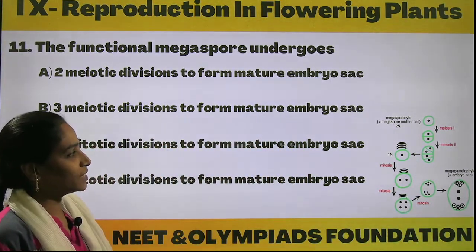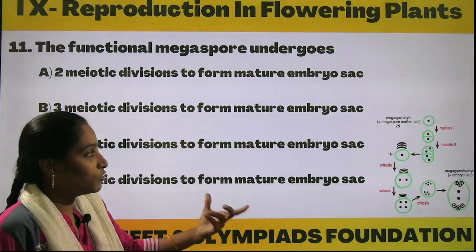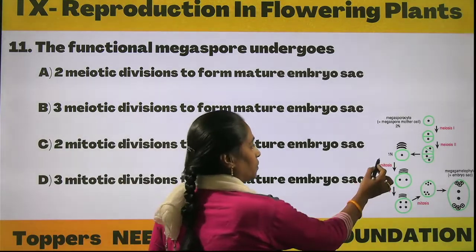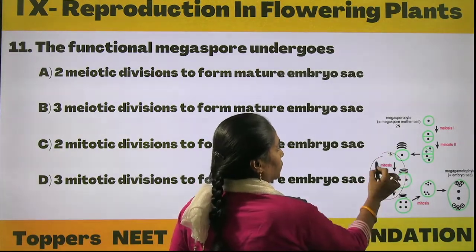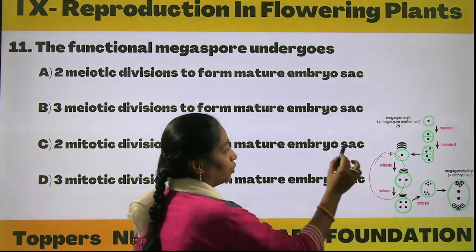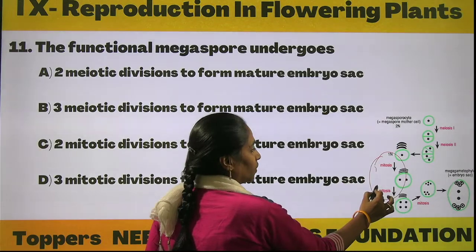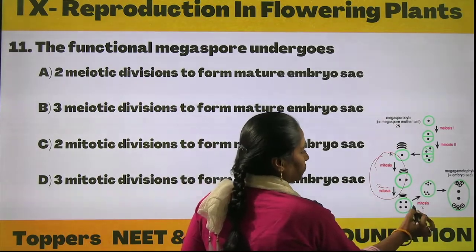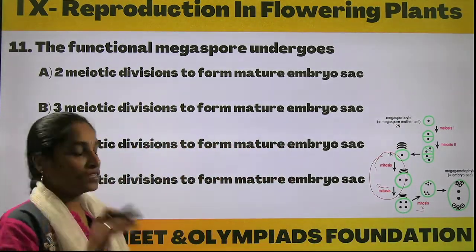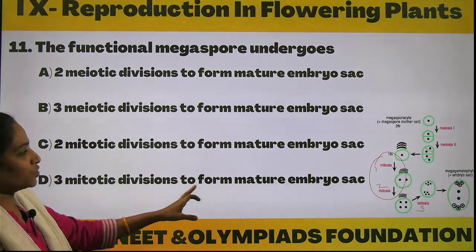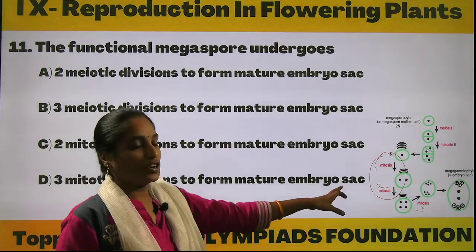So here he is asking, during this process what forms? Here you can observe the mitosis. How many mitoses? 2 or 3? 1, 2 and 3. So 3 mitotic cell divisions occur to form a mature embryo sac.